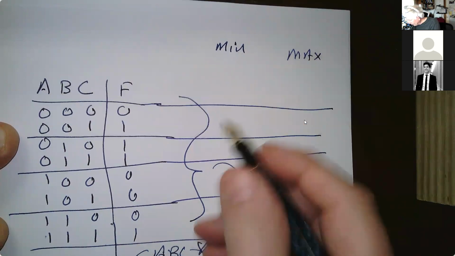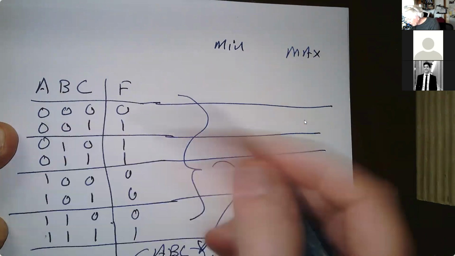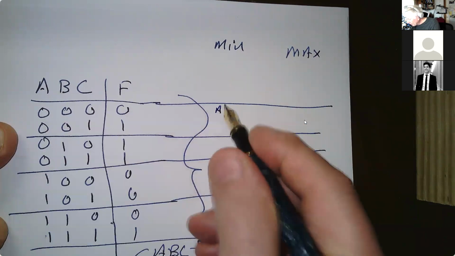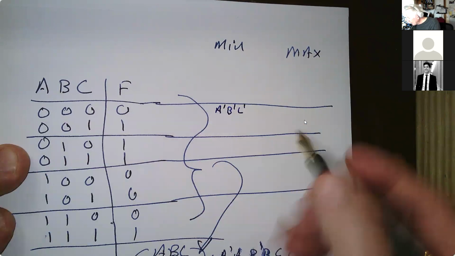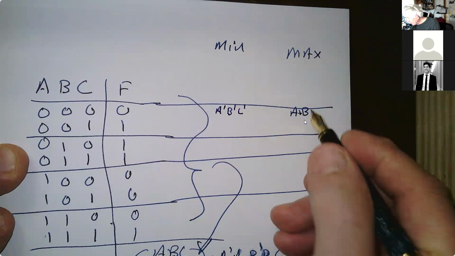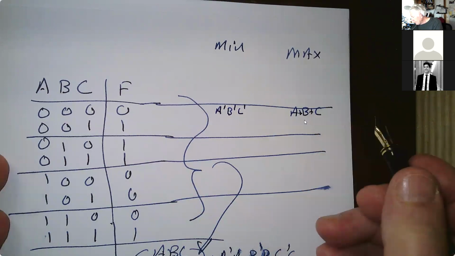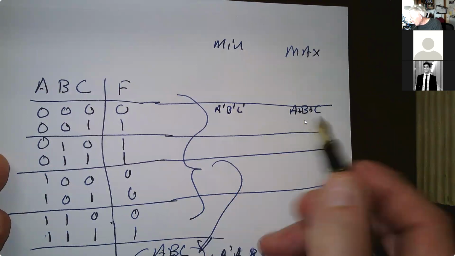The min term for this first row, because A is 0, B is 0, C is 0, we would represent as A prime, B prime, C prime. And the max term is just the opposite. The max term would be A plus B plus C.